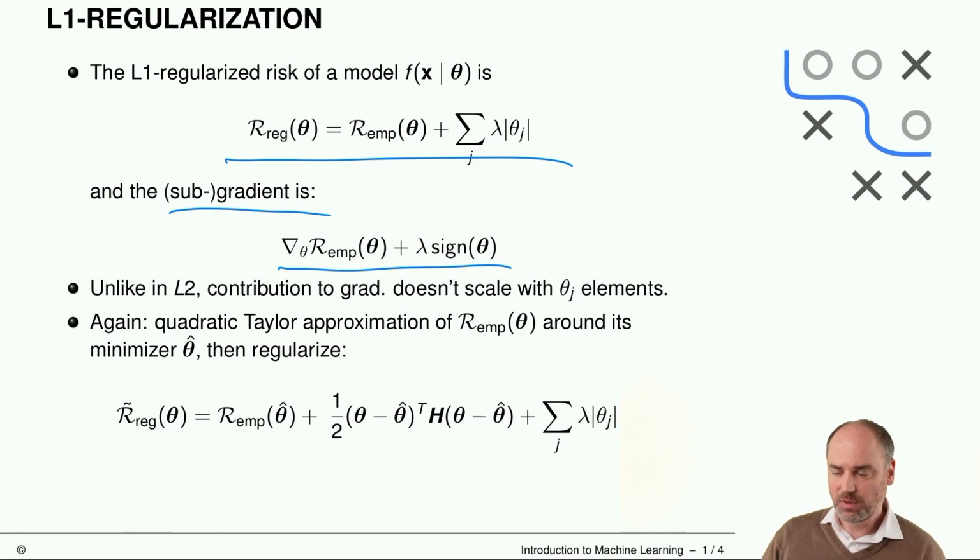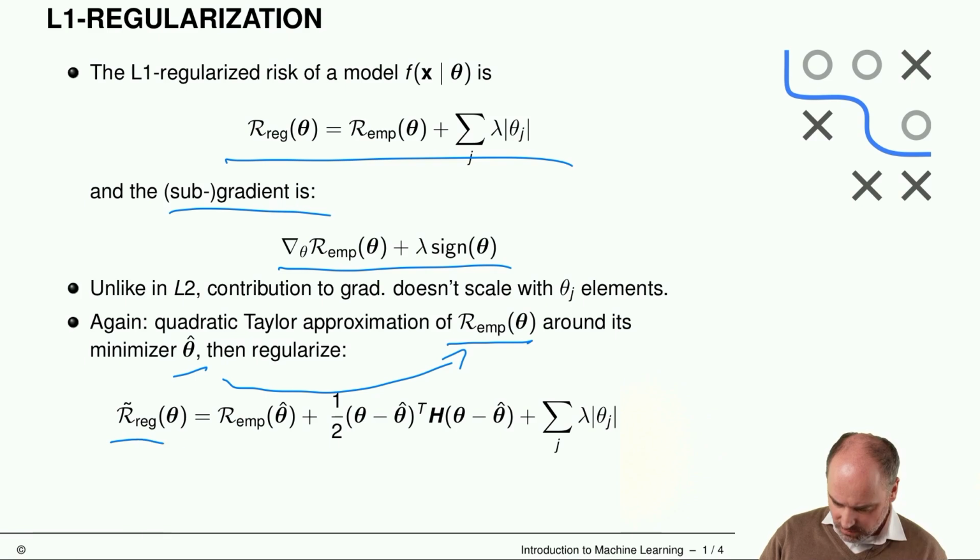And again, we'll now do a quadratic Taylor approximation of the empirical risk, again around the minimizer theta hat. So theta hat is supposed to be the minimizer of this here. Now again, then we approximate the regularized risk by the approximation of our empirical risk, which is this here.